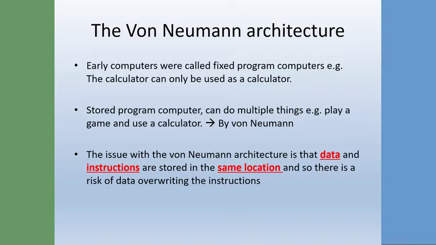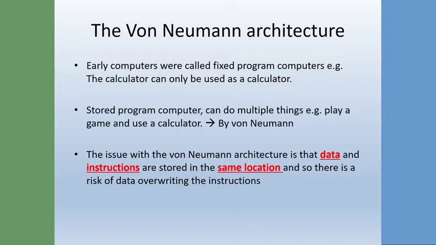However, that was very awkward, and it was quite time consuming, because if you wanted to change that computer to do something else, i.e. run a different program, you had to reconfigure the hardware, which means change all of the hardware, so that you're now putting a different program into that computer. So a very clever mathematician called John von Neumann came up with something called the von Neumann architecture.